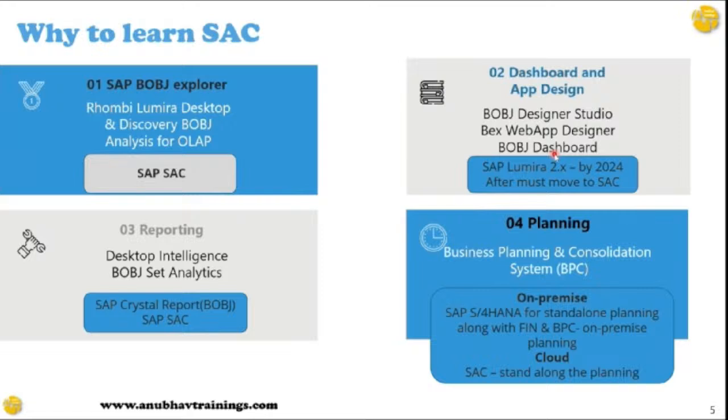So the option you have is Analytics Cloud. However, you have an option of SAP Lumira powered by HANA, but currently the support is also going to end by 2024. So going forward, Analytics Cloud becomes the major tool for your organization to build data insights and dashboards.